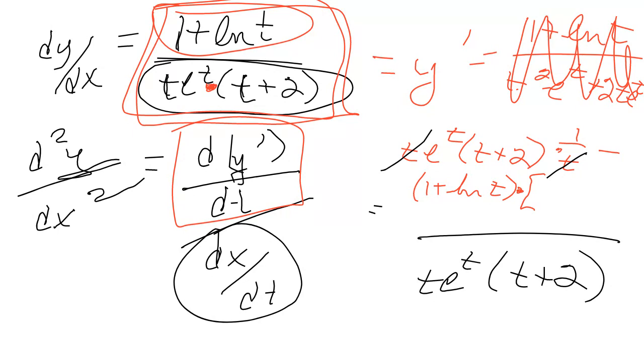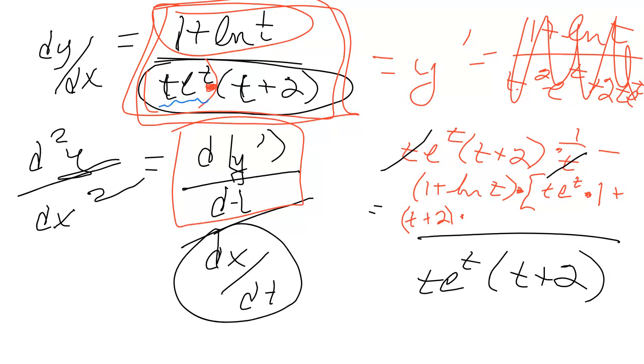But anyway, so it's first. I'm going to consider t e to the t by itself, and then t plus 2 by itself. So it's first times the derivative of the second. So t e to the t times the derivative of the second, which is just 1, right? Plus the second one, t plus 2, times the derivative of the first. Okay, so the derivative of the first, I'm going to do in blue here.